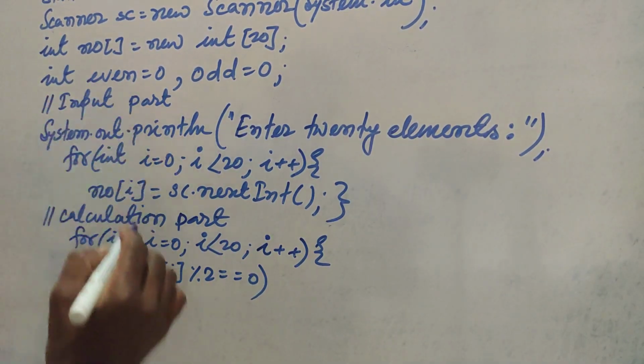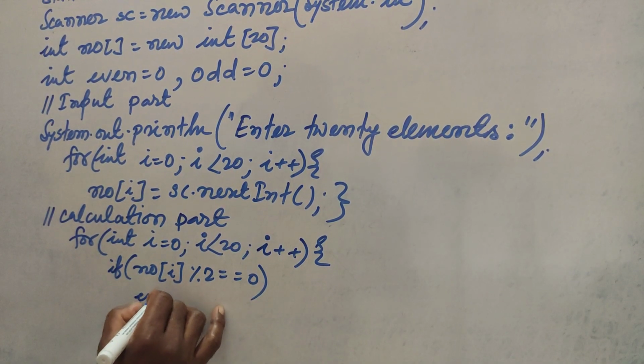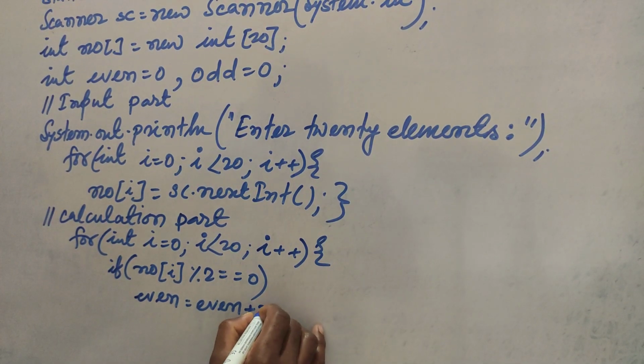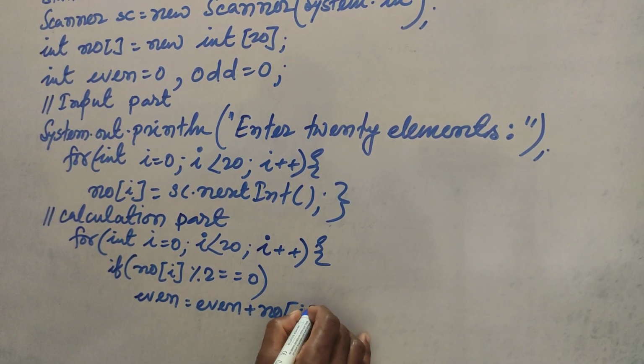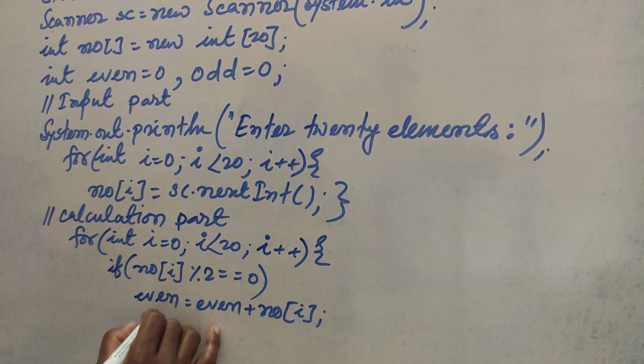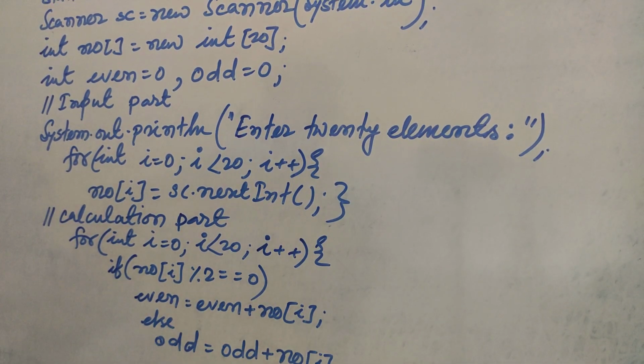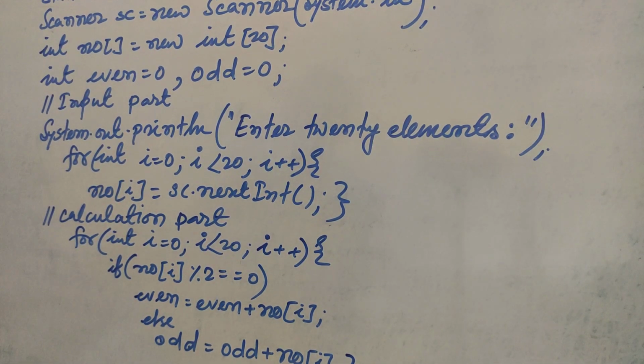The variable even becomes even = even + number[i]. Else odd = odd + number[i]. Okay, now the loop is closed.